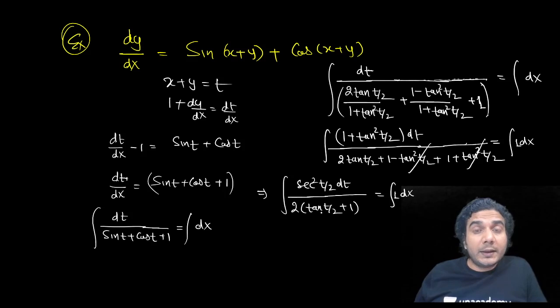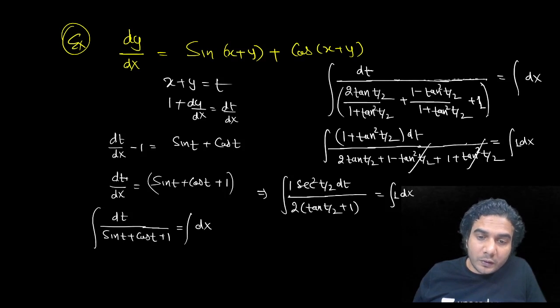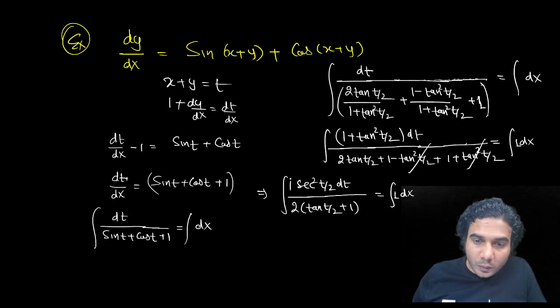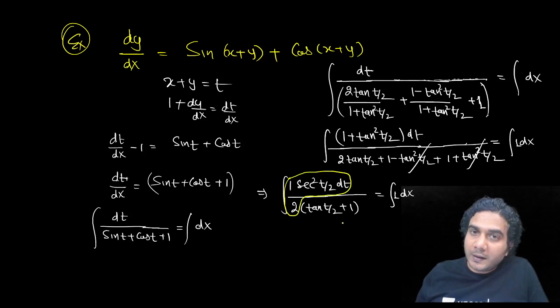Now if you put tan t by 2 plus 1 is equal to u, then its derivative is sec square t by 2 into 1 by 2. So basically this whole thing, 1 by 2 and sec square t by 2 dt, is the derivative of the function written in the denominator.